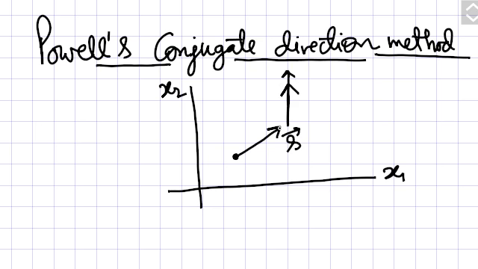So first we will see how to find this conjugate direction. You can go everywhere in this way, but there is a particular conjugate direction. If you go in that direction, you will find the minimum point in a very efficient manner.